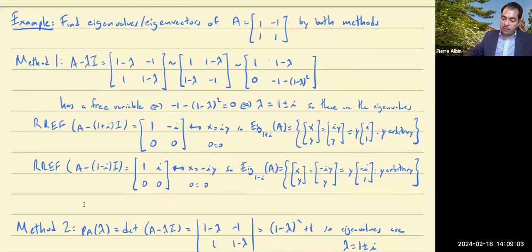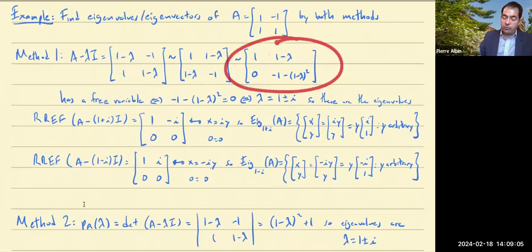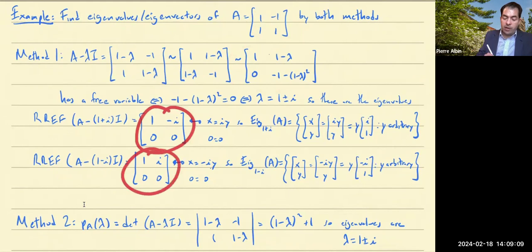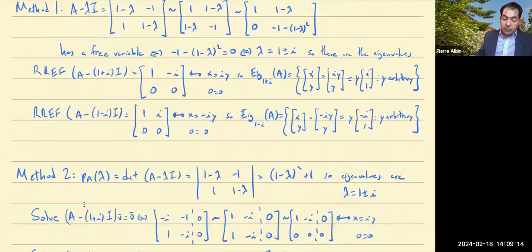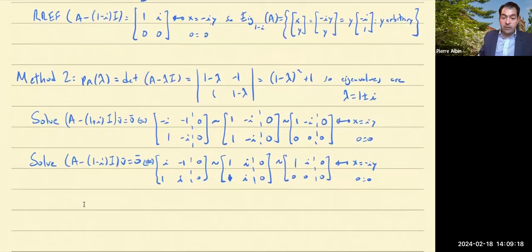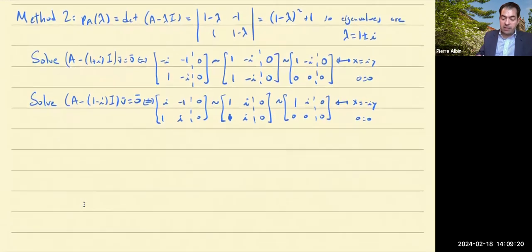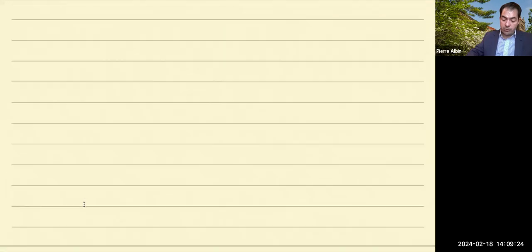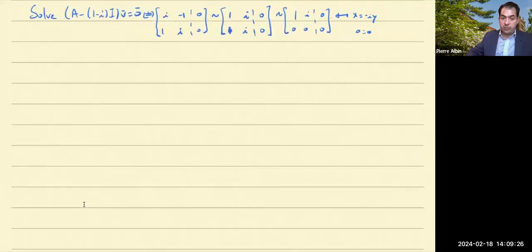Whereas with the first method, I did the row operations just once with an arbitrary lambda, and then I only had to plug in what eigenvalue I was looking at. Right? As usual, when you have a method that's more efficient than another with matrices, for 2 by 2 matrices, it doesn't make that big a difference. But as soon as you go to larger matrices, it starts making a bigger difference.